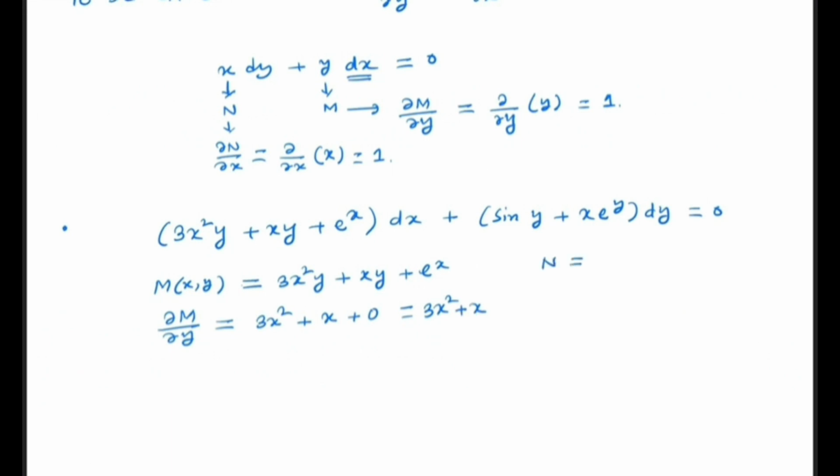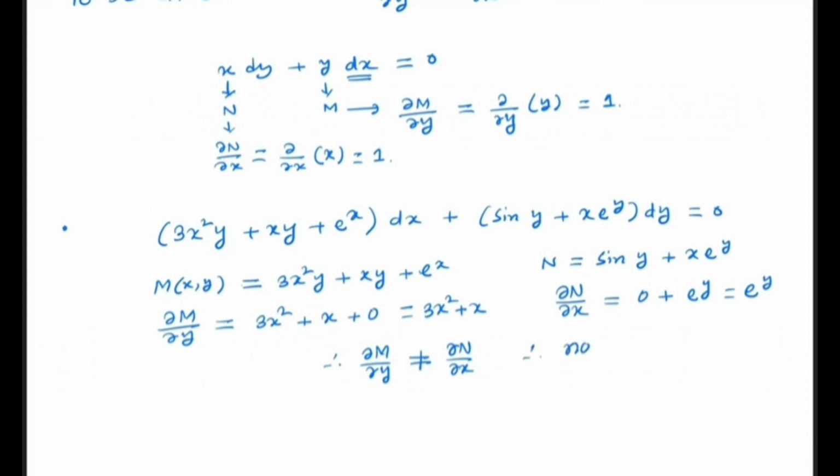On the other hand, N is sin y + x e^y. So ∂N/∂x: the derivative of sin y with respect to x is 0, and the other term's derivative will be e^y. So we see that ∂M/∂y is not equal to ∂N/∂x, so this is not exact. To check exactness, we just have to calculate ∂M/∂y and ∂N/∂x and see whether they are equal or not.